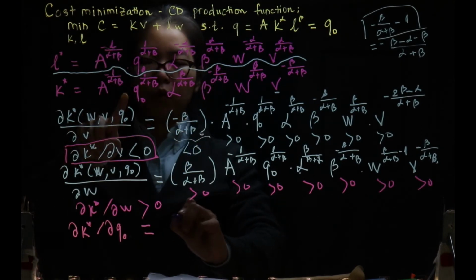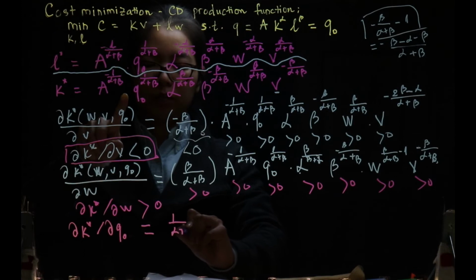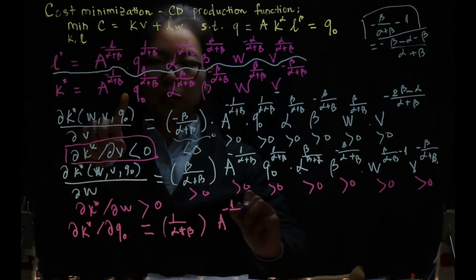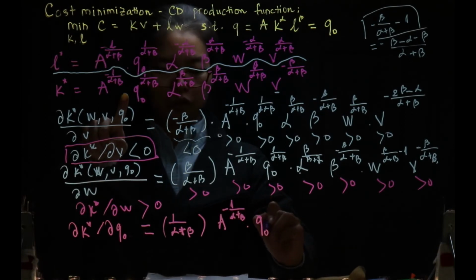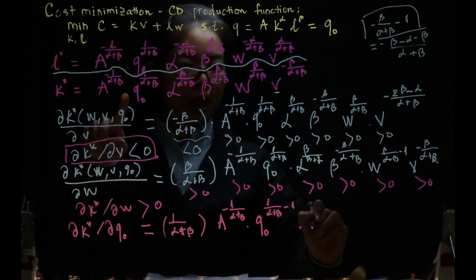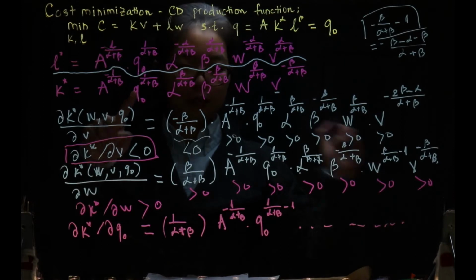So that would be 1 over alpha plus beta, times A to the power of minus 1 over alpha plus beta, times Q0 to the power of 1 over alpha plus beta minus 1, and times everything behind it the same.